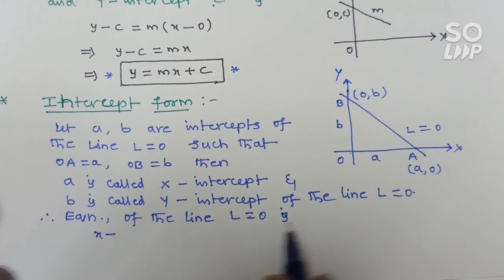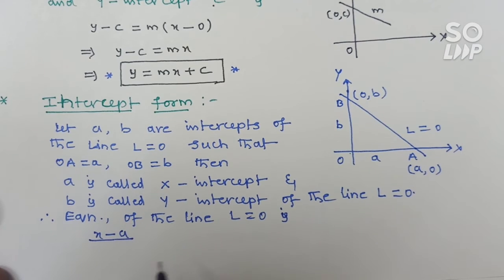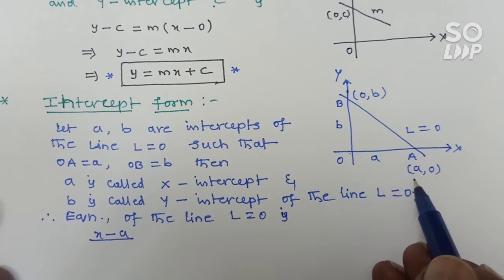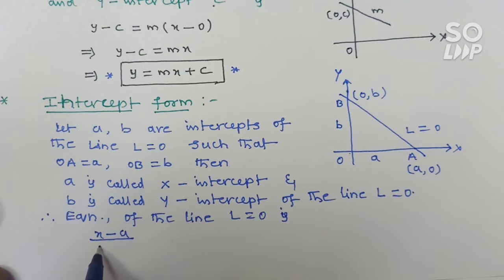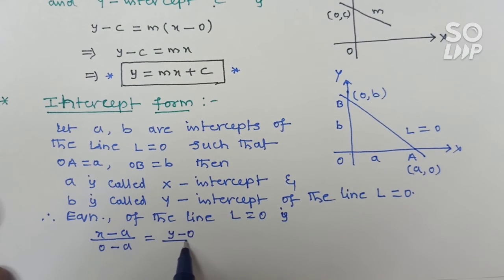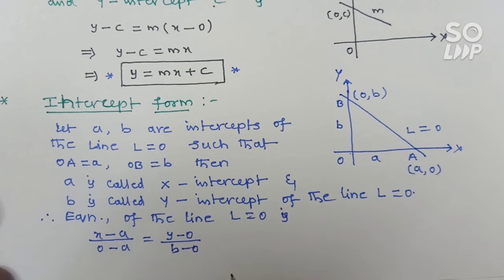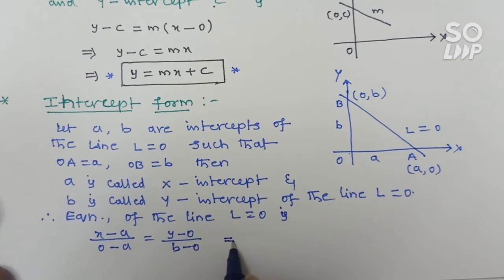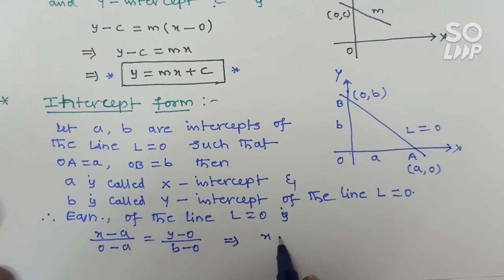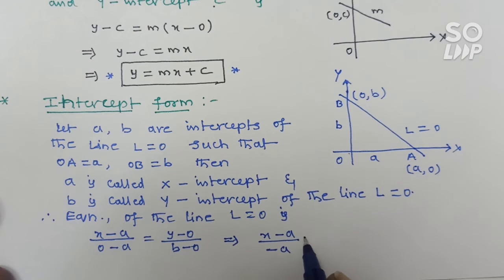(x minus x1, that is a) divided by (x2 minus x1, that is 0 minus a) is equal to (y minus y1, that is 0) divided by (y2 minus y1, that is b minus 0). Now by simplifying, (x minus a) divided by minus a is equal to y by b.